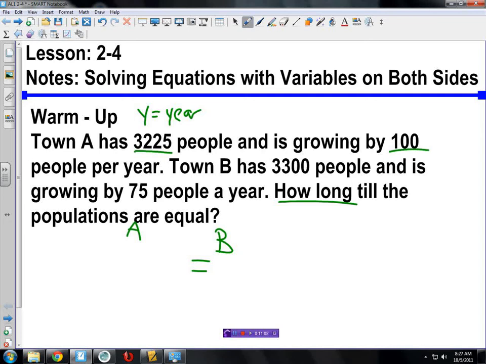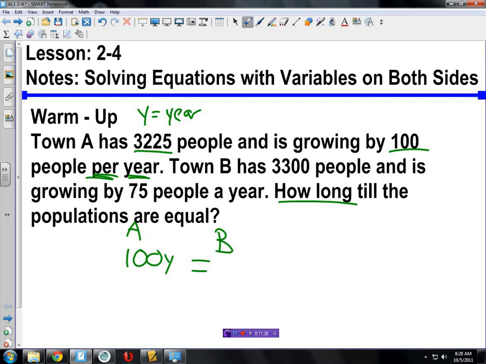Which one of those two numbers belongs with my variable? 100. Why 100? How do we know? Yeah, it says per year, right? Per. Is that matched with our variable? Yes. Per year, right? That's the key word that we're looking for. So now I know that I'm going to have 100 times y, because that's 100 per year.